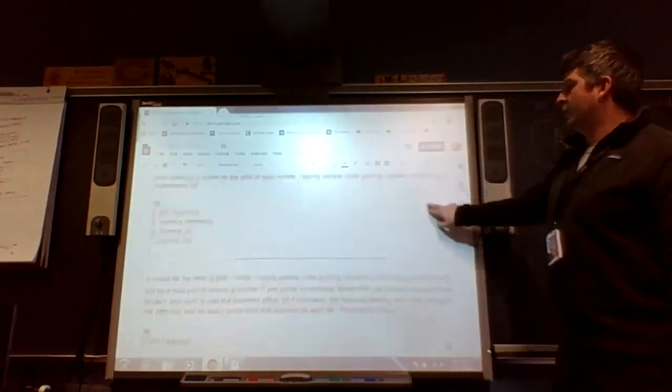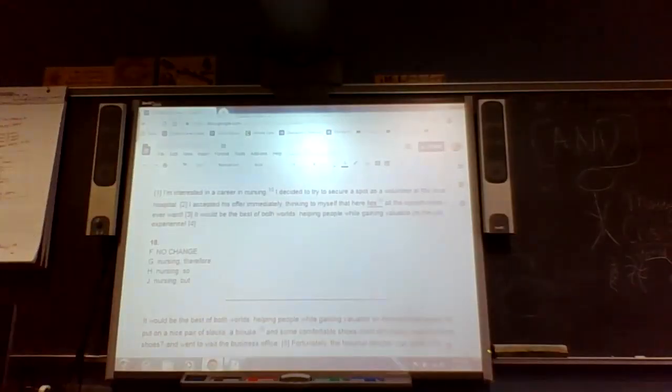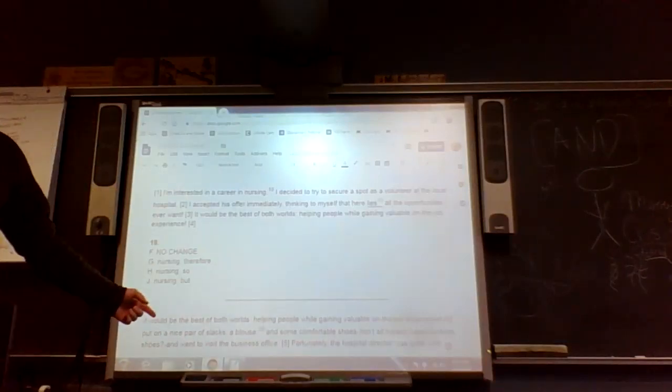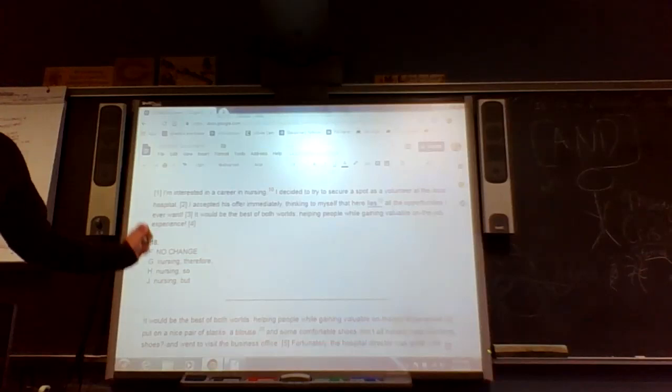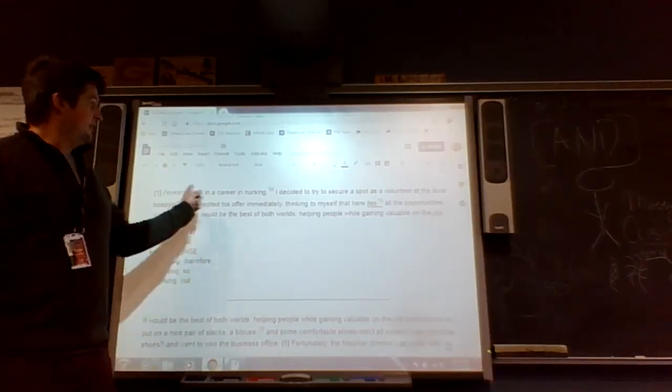Okay. So we're looking down here. Let's check out number 18 for a moment. There should be two answers that you just get rid of right away, J and F. J should be out of the door right away because what word would be a misuse of a word? But. Why is but not a good word to use here? Because then she'd say something not about me.